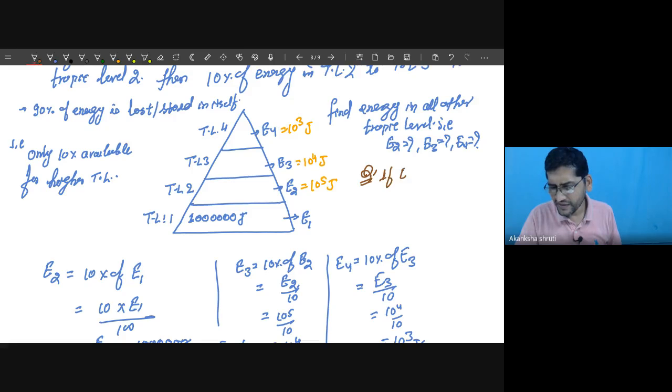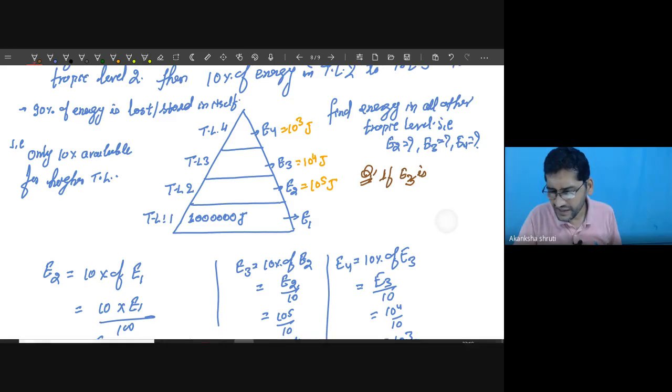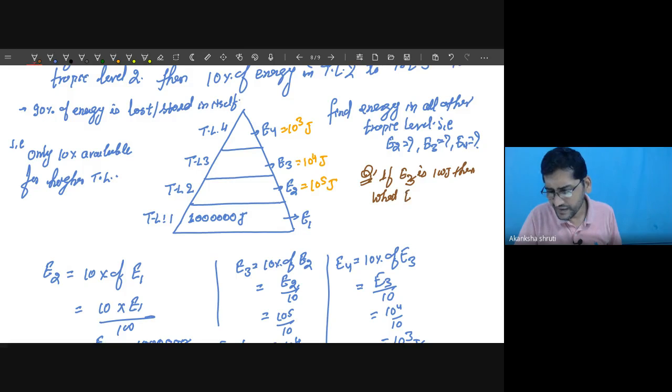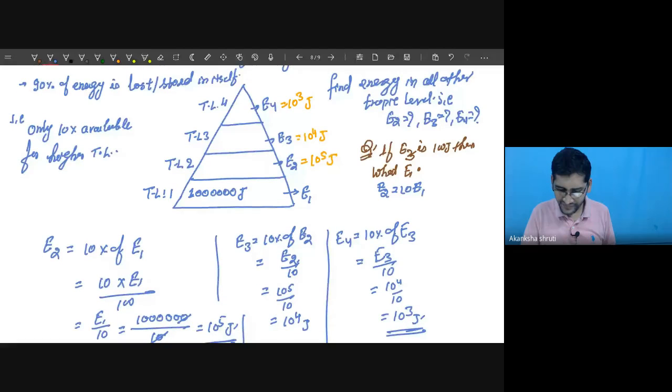If E3 is 100 joule, then what is E1? The question is asked like this also. E1 means the lower energy level. So from E3 you can calculate E2, which is 10 times of E3, because E3 is equal to E2 by 10.